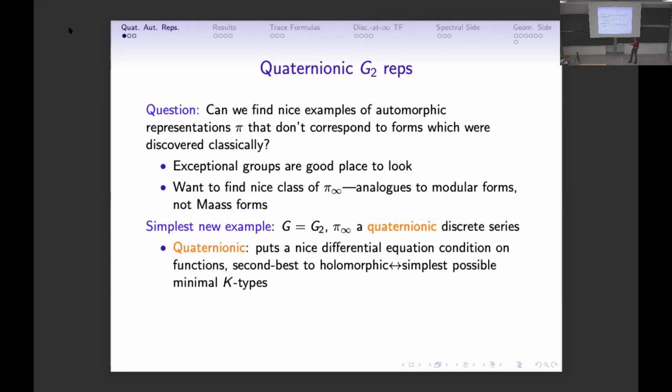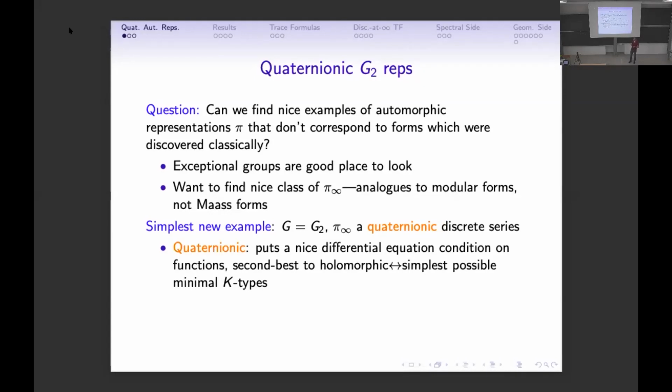So what does quaternionic mean? Quaternionic basically means that there's a nice differential equation condition on the functions that make up the representation. And this differential equation condition is a second best condition to the functions being holomorphic.